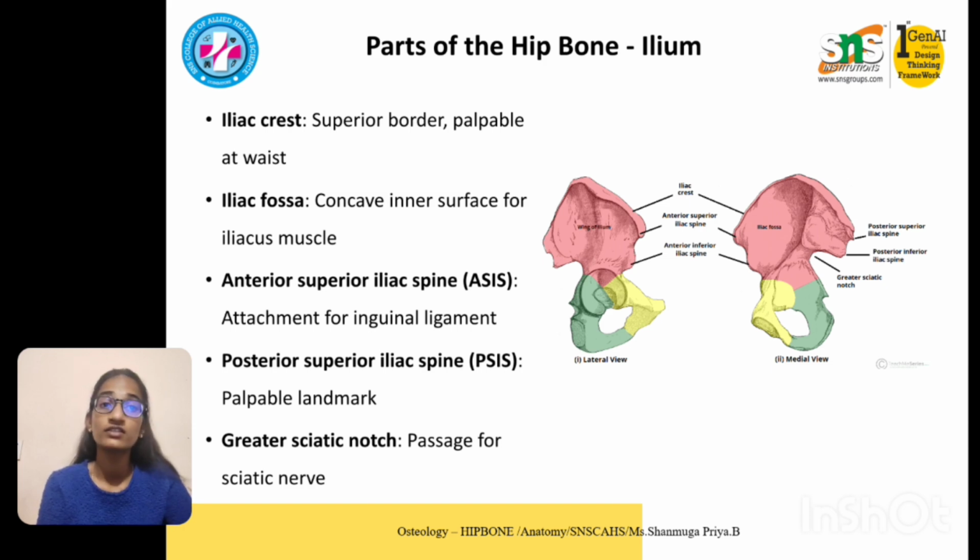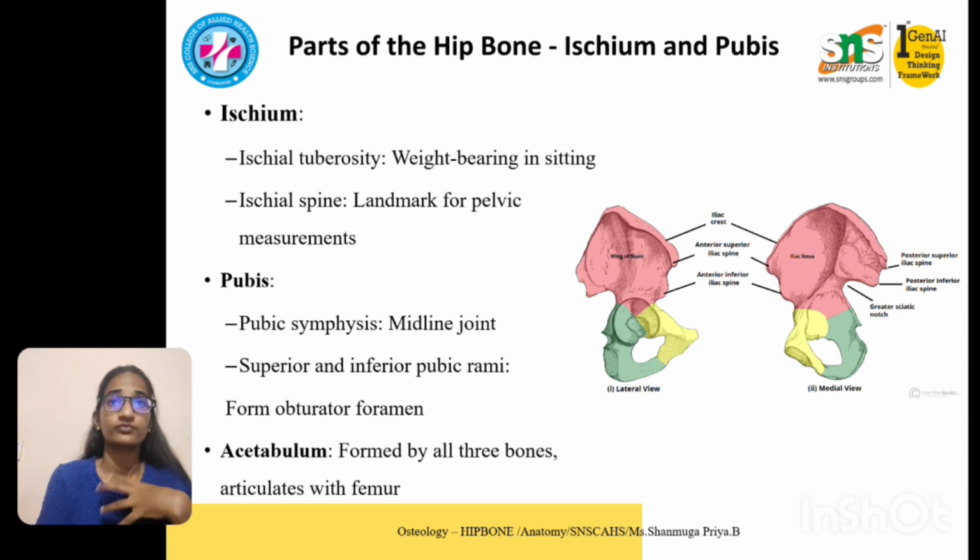Next, we have the ischium and pubis. Moving to the ischium, which is the posterior inferior part, it includes the ischial tuberosity, which bears the weight when you are sitting, and the ischial spine, a landmark for measuring pelvic dimensions, especially in obstetrics.